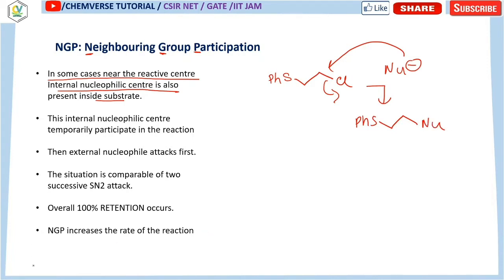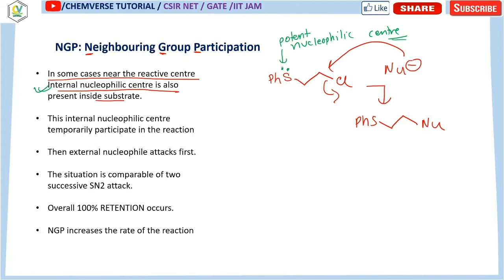But in this case you can see that over here there is a lone pair, and it is also a donatable lone pair, so it could also act as a potent nucleophilic center. And this nucleophilic center is present inside the molecule, that is why it is called the internal nucleophile.